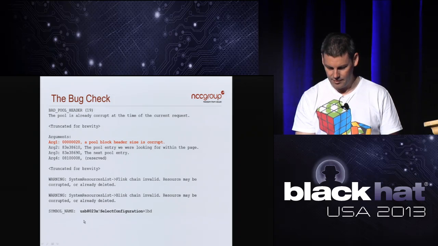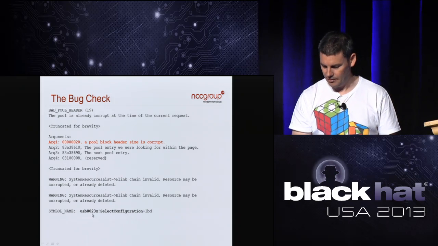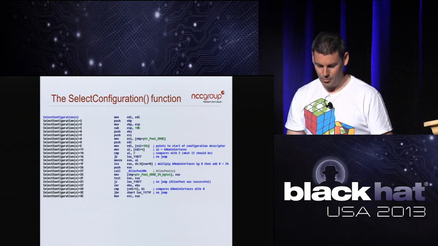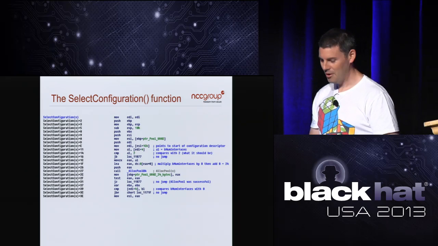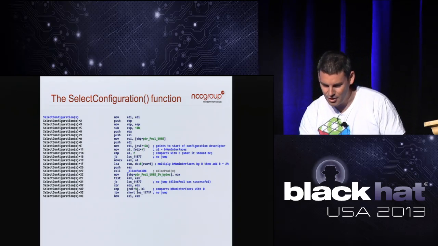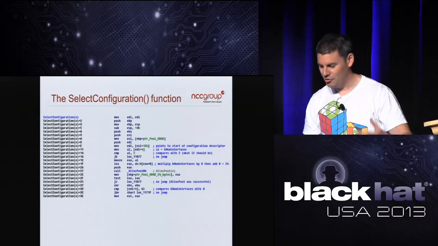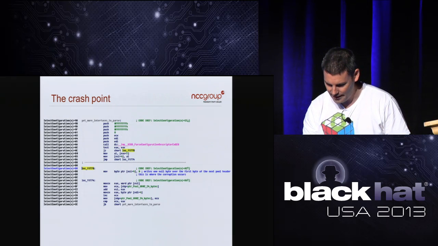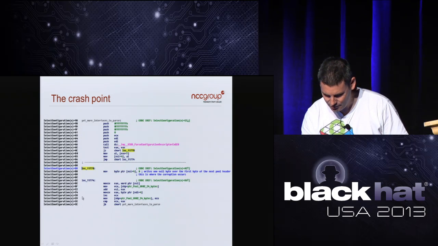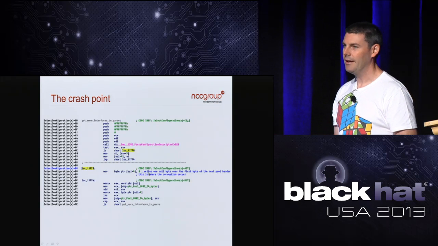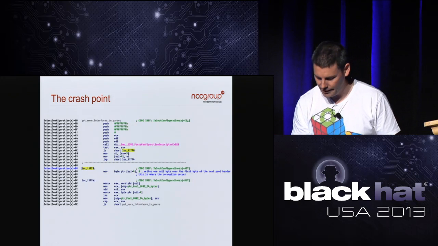And it tells us that it's within the function select configuration in that particular driver. So typical, probably unreadable, IDA Pro bit of reverse engineering, checking through in combination with WinDBG to try and work out exactly what's going on and what's where, and managed to pin it down to a point here where a null byte gets overwritten in an adjacent pool header.